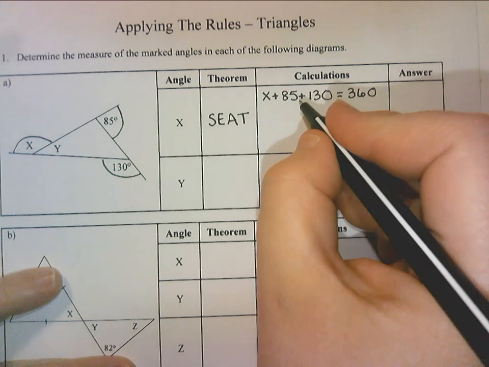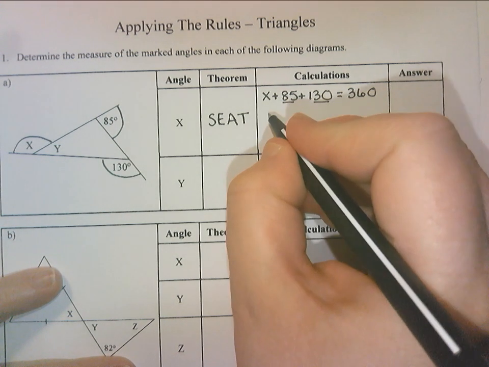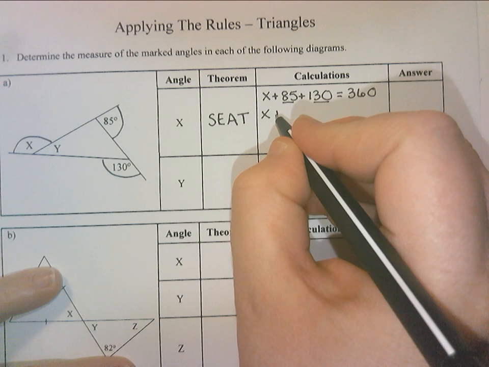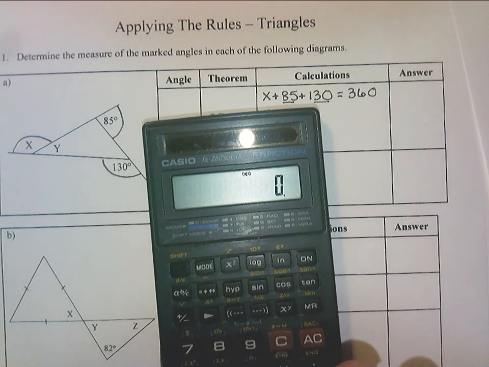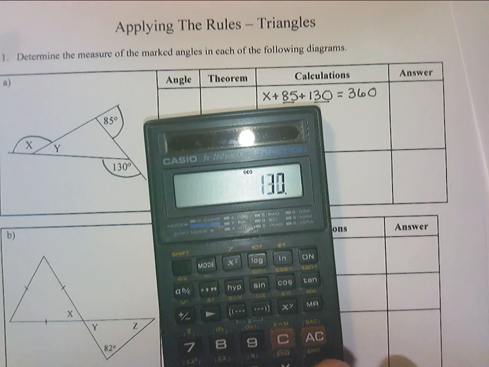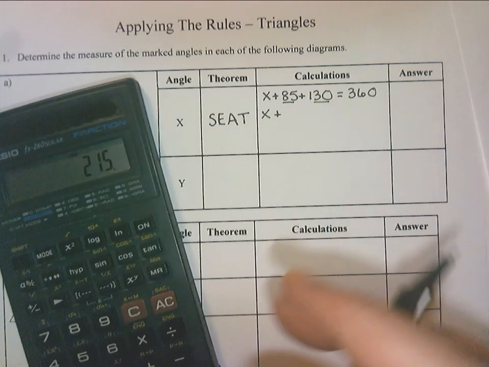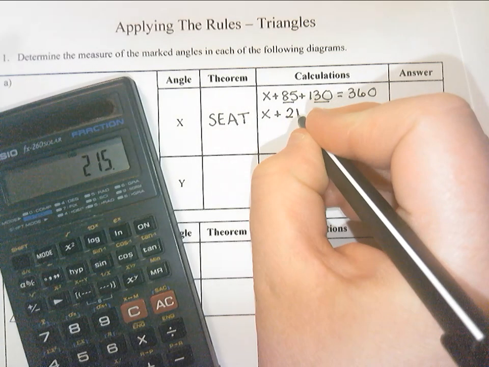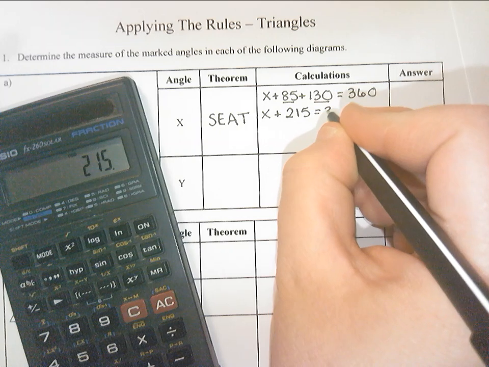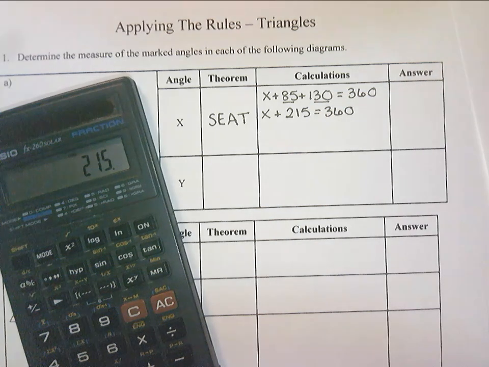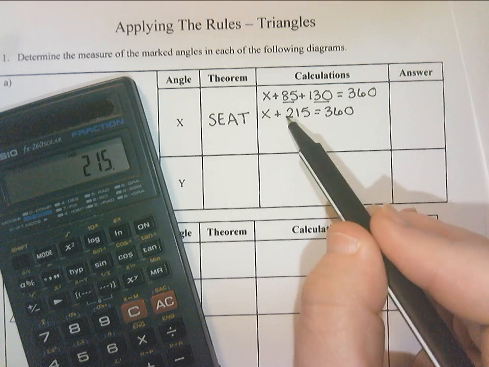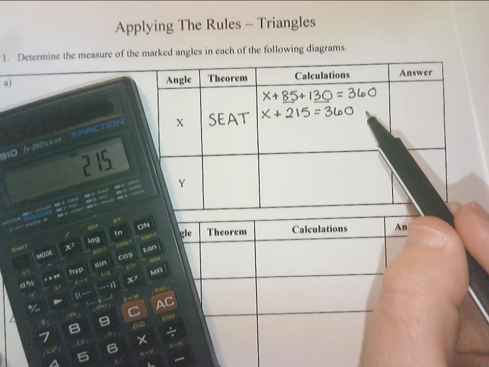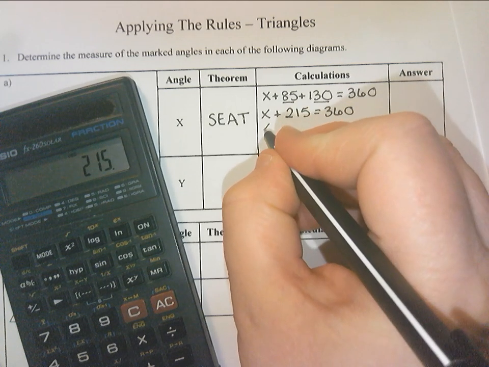From here, we're going to collect up our like terms. So 85 and 130 equals 215 degrees. And then in order to solve for X, we want to undo that add 215 by subtracting 215 on the other side.